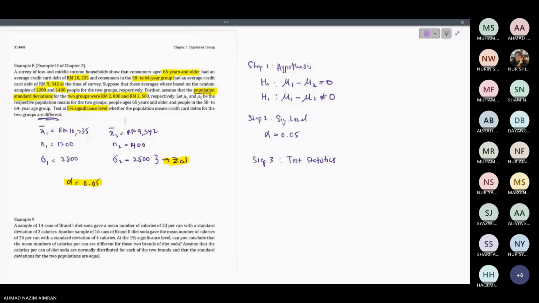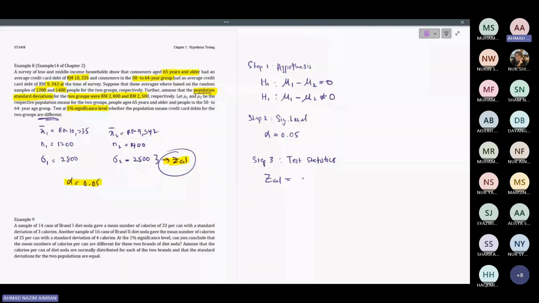In this question, the standard deviations of the two populations are given, so you already know that you need to use Z calculated. From here you just need to go to the formula and check which formula to be used.